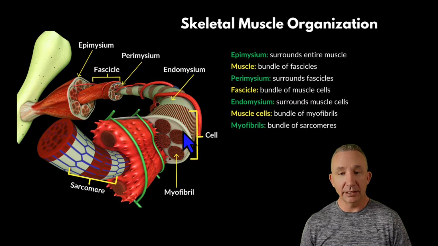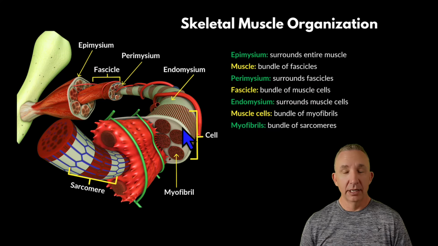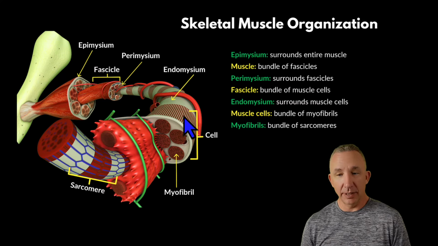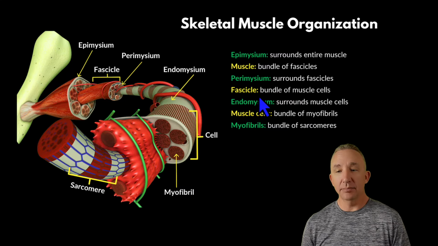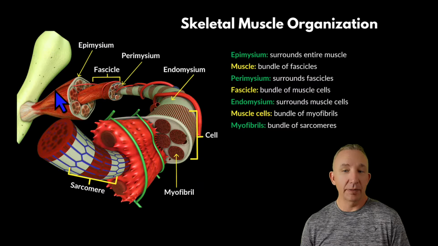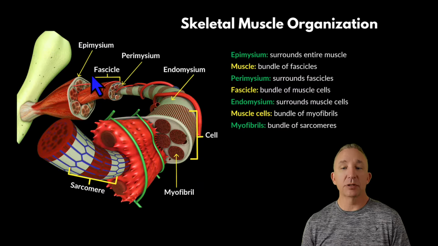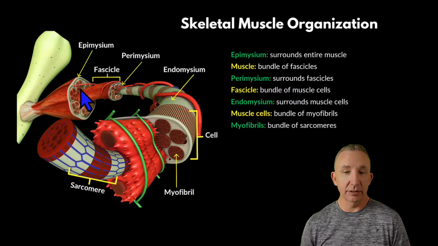So endomysium wraps a cell. So I wrap a muscle cell with endomysium, put a bunch of cells together, and I get perimysium that wraps a fascicle. So a fascicle is a bundle of cells. Put a bunch of fascicles together and I wrap it with epimysium, which creates the entire skeletal muscle, in many cases to attach to bone.